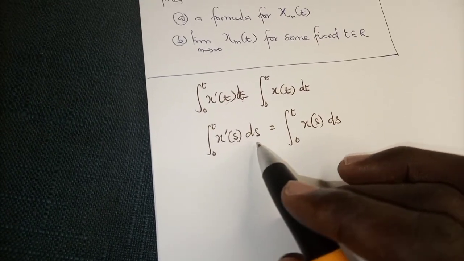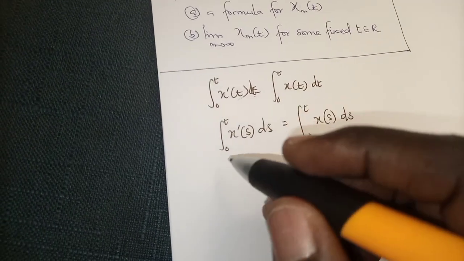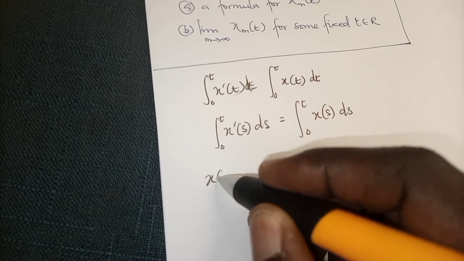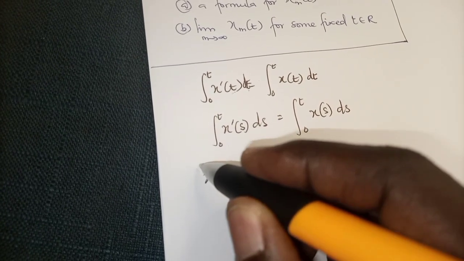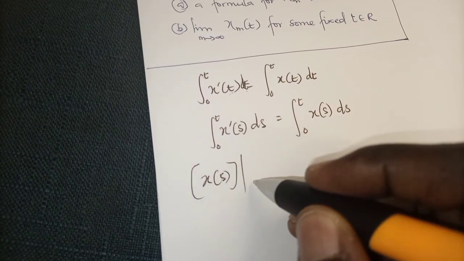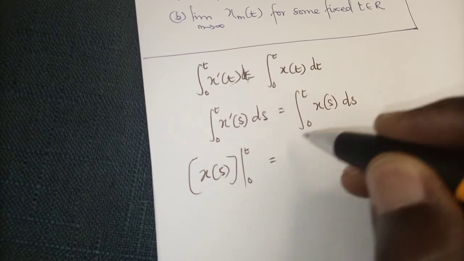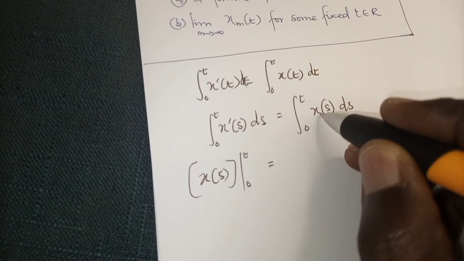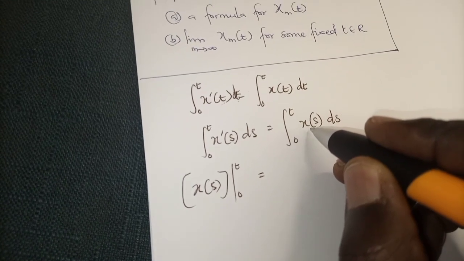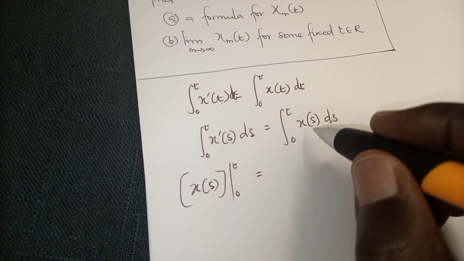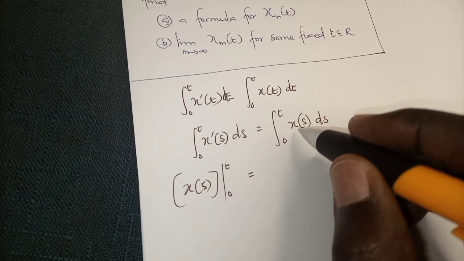So now solving these, we'll be having x of s evaluated on this limit, and we maintain the integral on the right because this is a function that we don't actually know how it behaves.